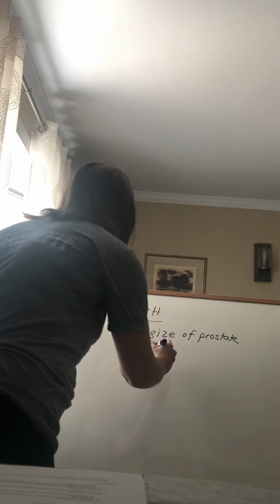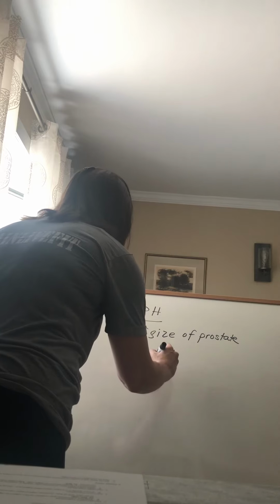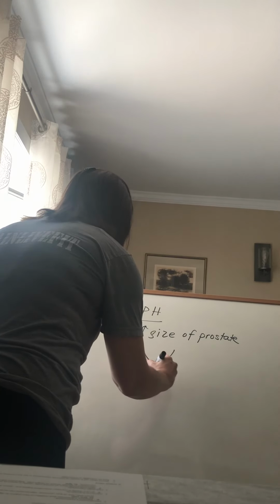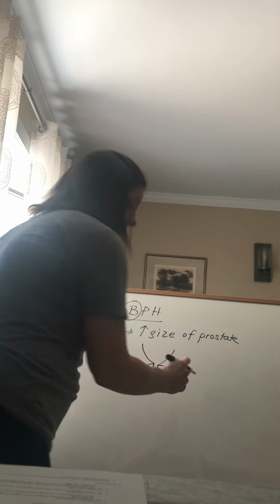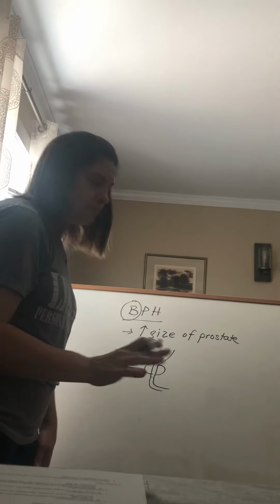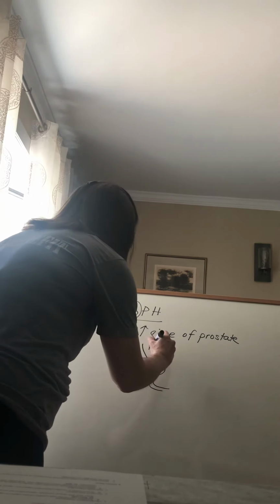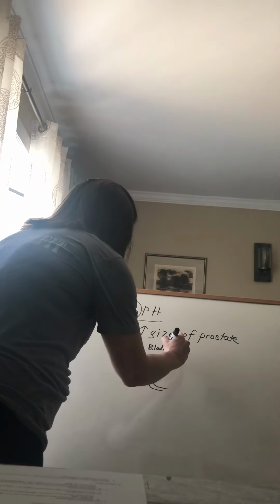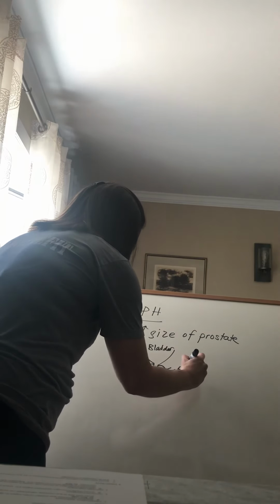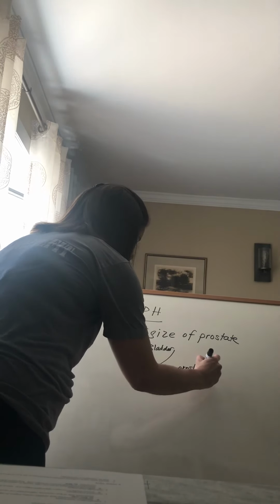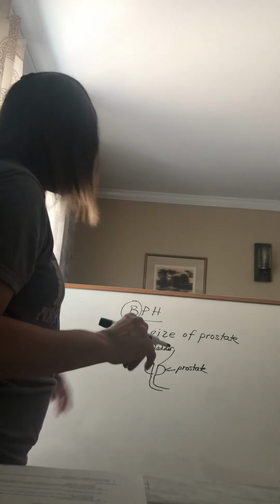So if we think about, here's our bladder, here's the urethra, the prostate's right under the bladder, and then the urethra would thread through the penis in men. Remember, the prostate is about the size of a walnut. It's just inferior to the bladder.